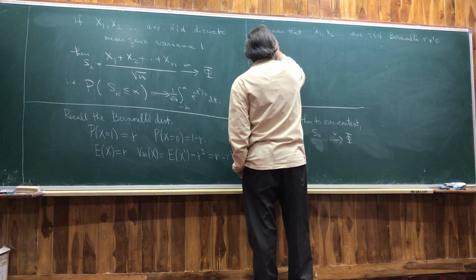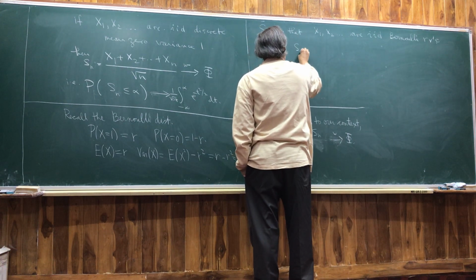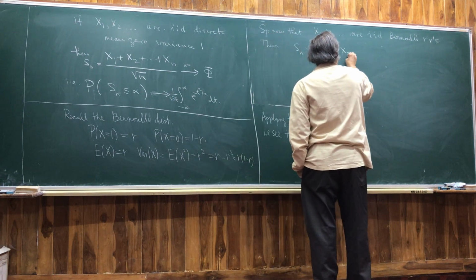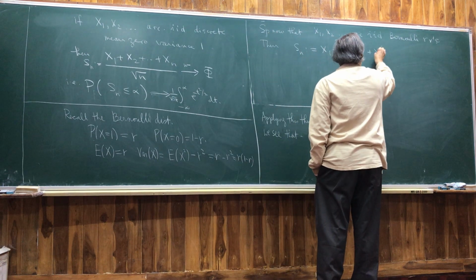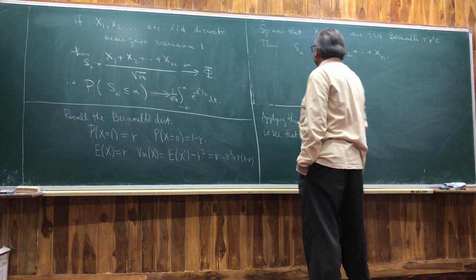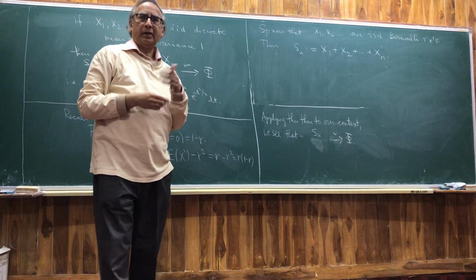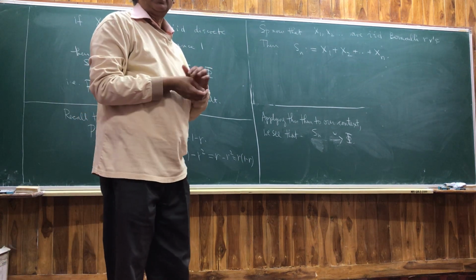Then put Sn equal to X1 plus X2 plus ... plus Xn. Then Sn counts the number of successes in n trials.